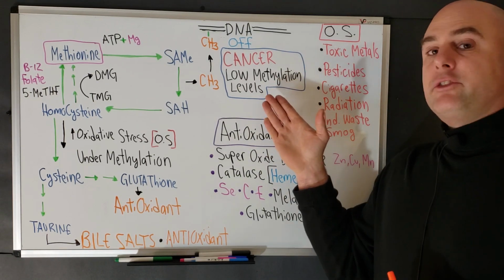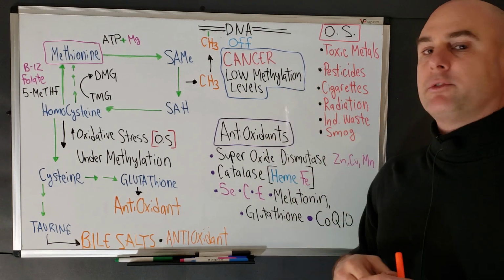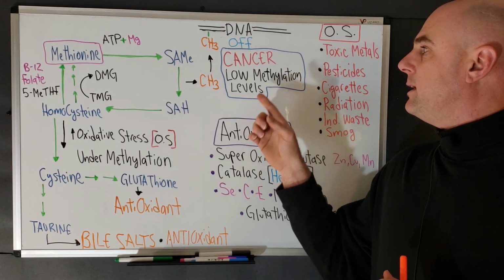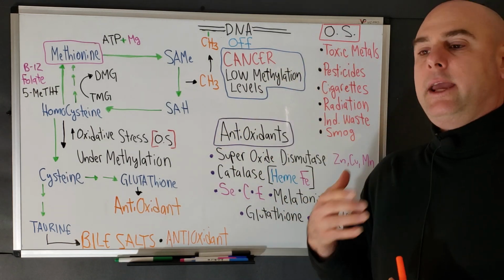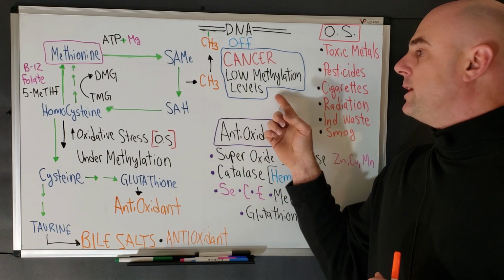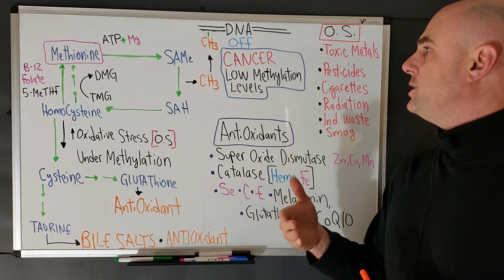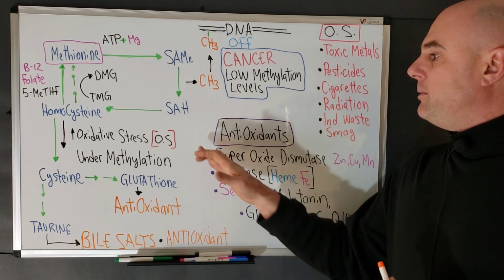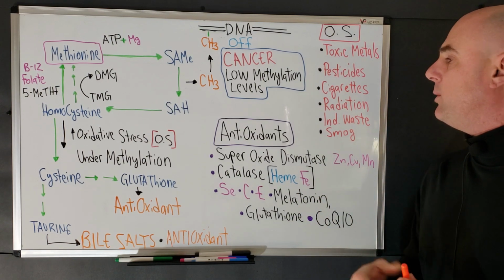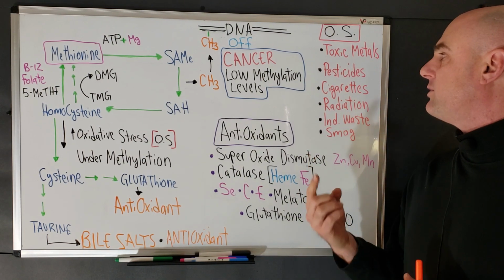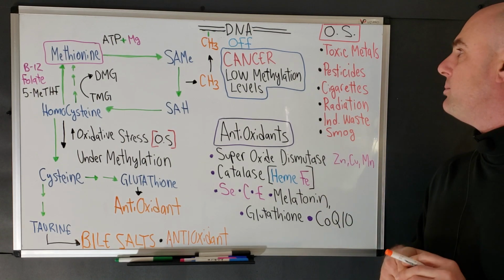Now, cancer proliferation is dependent on low methylation levels. So now you can see a connection between cancer and oxidative stress, because again, cancer proliferation is critical with low methylation levels. Now, some of the big environmental oxidative stressors that we have to face every day are toxic metals, pesticides, cigarettes, radiation, industrial waste, and smog.